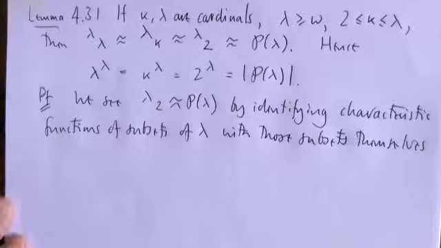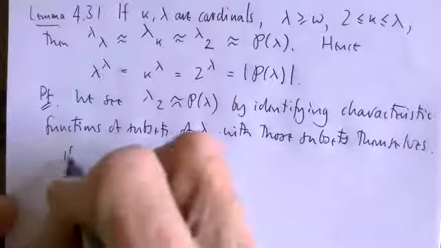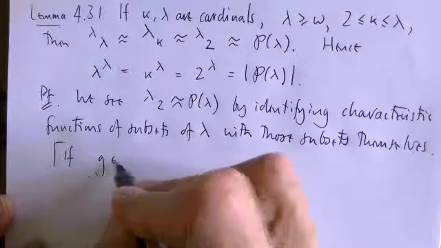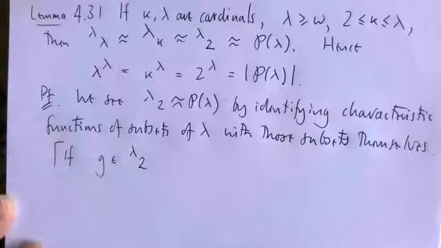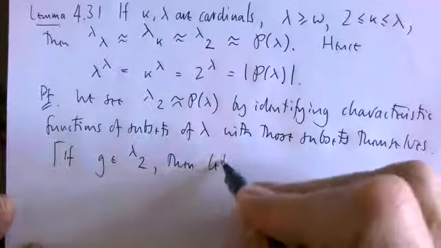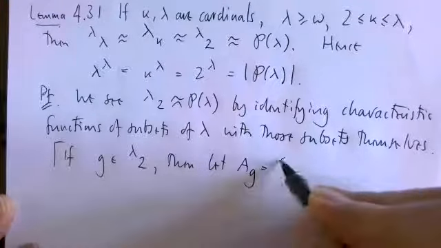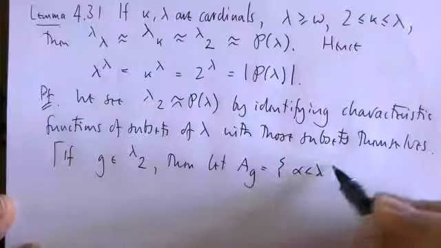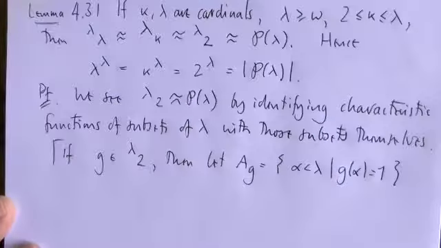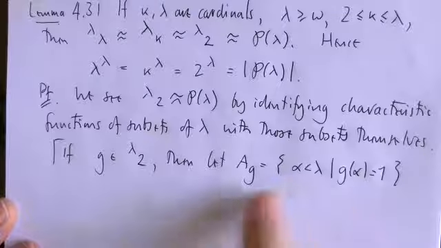That might sound just a little bit cryptic. So what do I mean here? If g is a function from lambda to 2, then let A_g be the set of alpha less than lambda such that g of alpha equals 1. So this then gives us a subset of lambda.